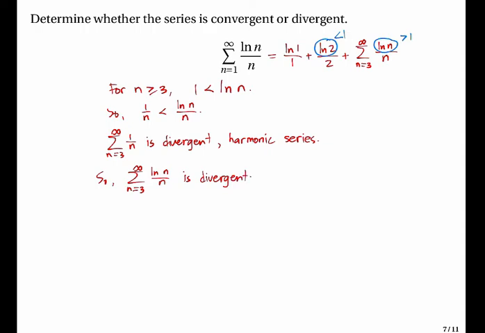And of course, if you add ln of 2 over 2 to this sum, this is still divergent. And therefore, this original series here is divergent.